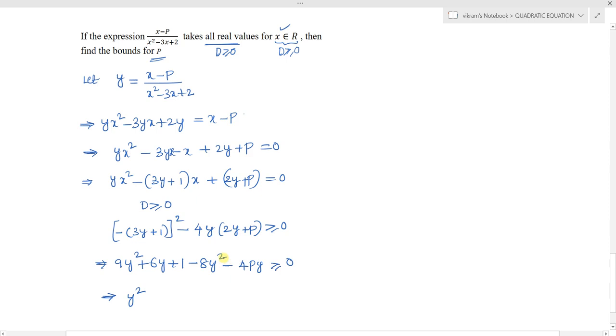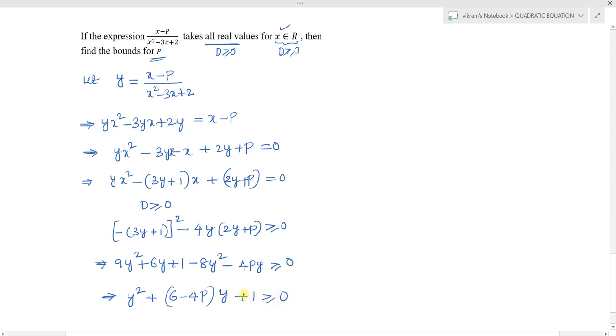So it is minus p on the RHS, which becomes plus p on the LHS. So we obtain 9y² + (6 − 4p)y + 1 is greater than or equal to 0.